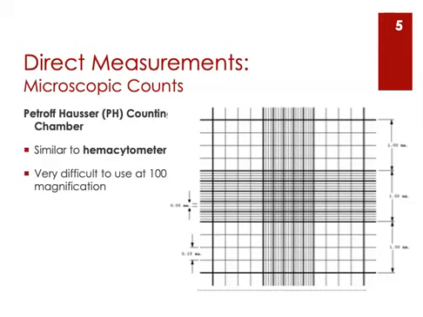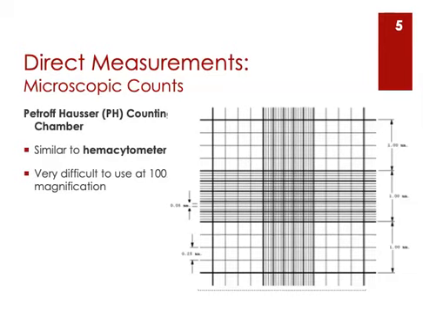Now, there is a type of counting chamber called a hemocytometer, which you may have heard of before. This is a specialized type of microscope slide that's used to count red blood cells and white blood cells in a blood sample. A hemocytometer is essentially a thick piece of glass that has had a series of grid lines etched into it using a laser.